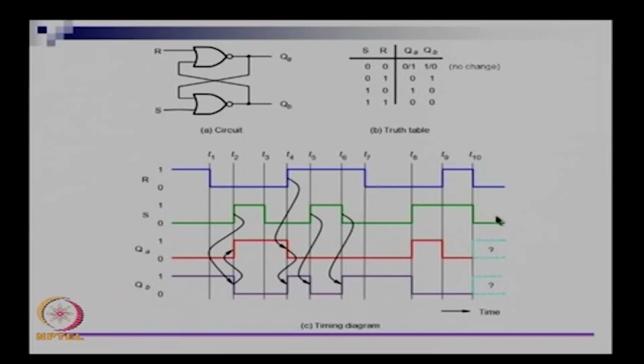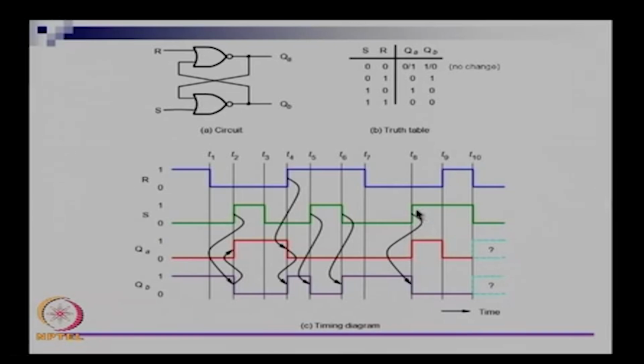Finally, so now let us move to step T7. So at T7 R is pulled down to 0, so both R and S are 0. So from T7 to T8 you will see that QA and QB will keep their old values, QA at 0 and QB at 1. Let us now assume that at time t equal to 9, S became 1.